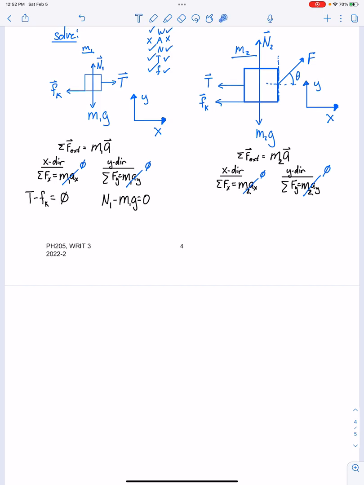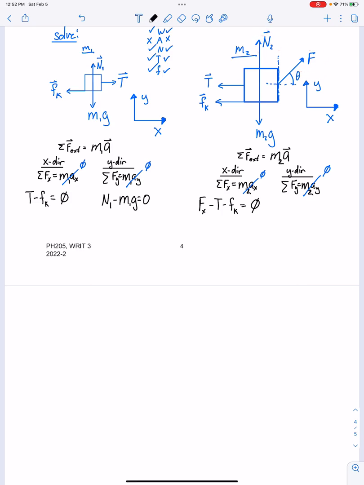For block 2, in the x direction, I'm going to have a component of this force, and I've got two forces pulling backwards. So I'm going to get the x component of F minus tension minus friction equals 0. And in the y direction, I've got weight, which is negative, and the normal, which is positive. And I've also got a y component of this force.